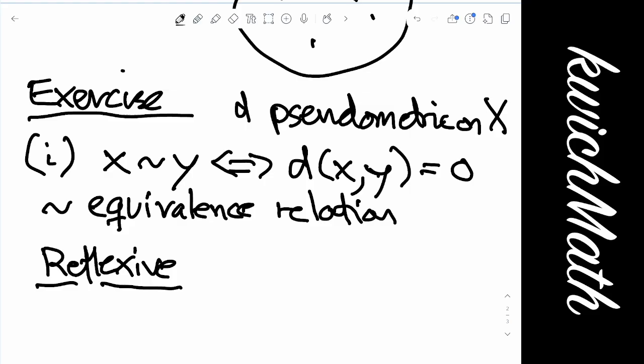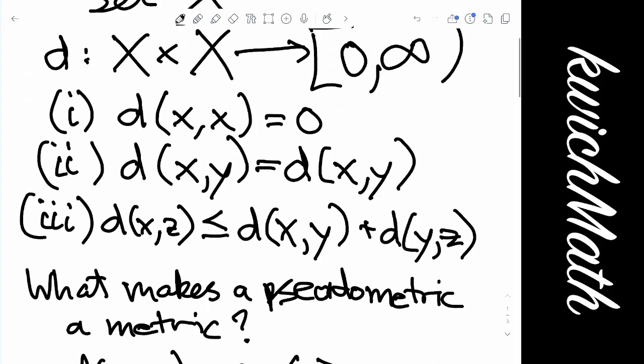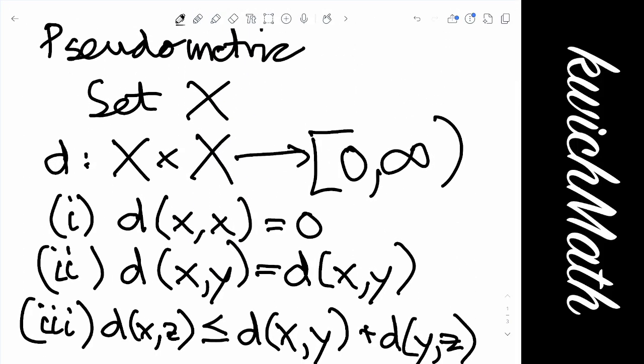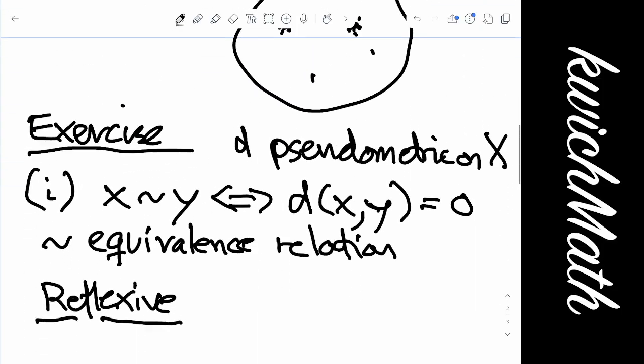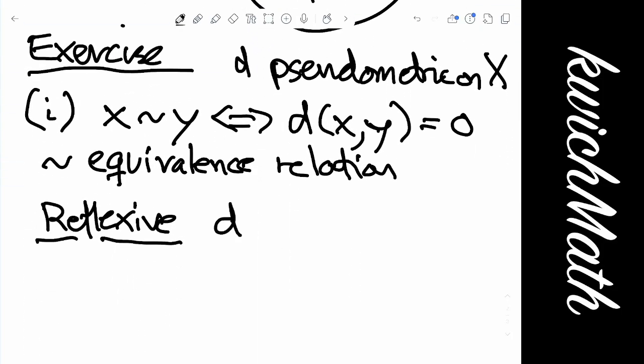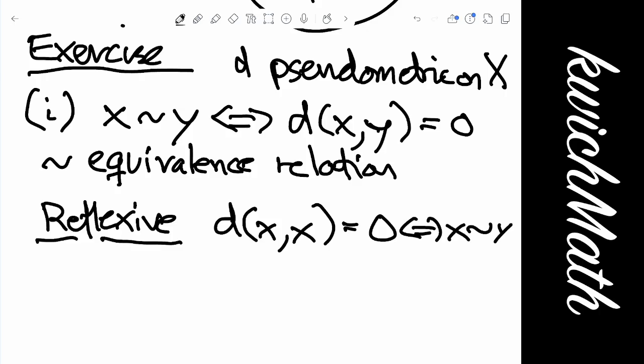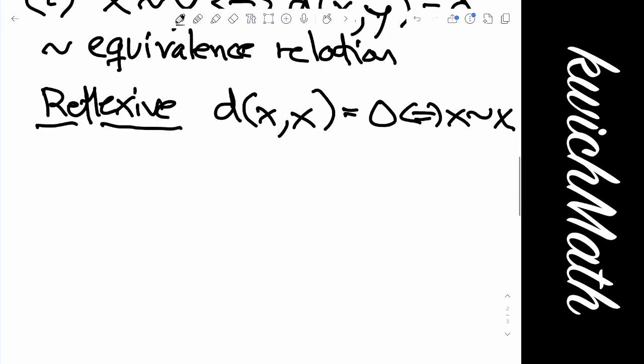But since this is a pseudometric, we already know that the distance from x to x is 0. And that is exactly the definition of x being related to x, right? So that's the reflexive condition.